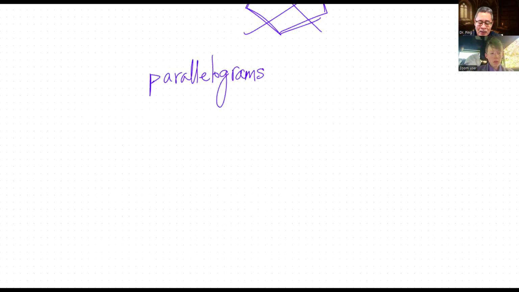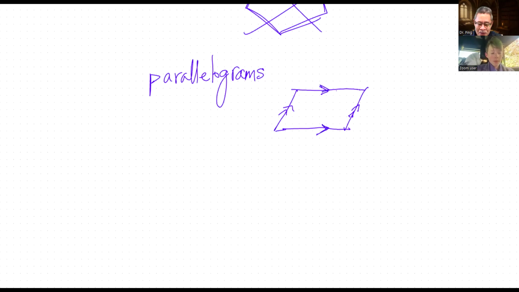Very good. So the definition is that these two sides are parallel and the other two sides are parallel. So the opposite sides are parallel. Good. So that's the definition.